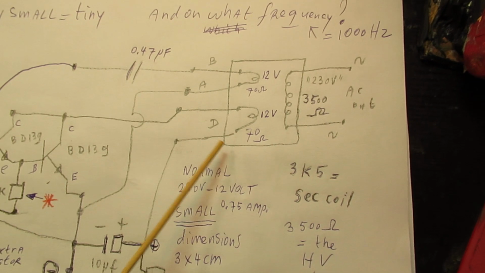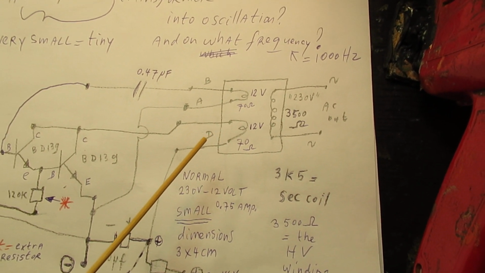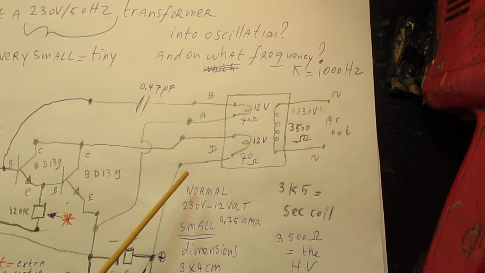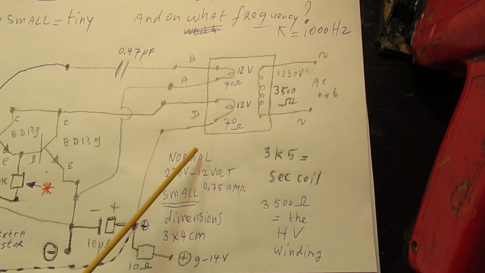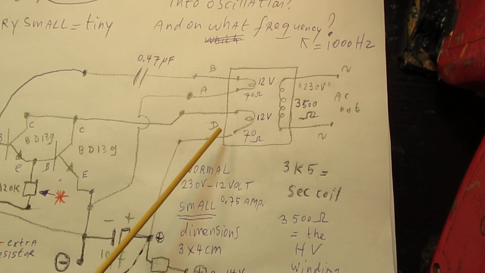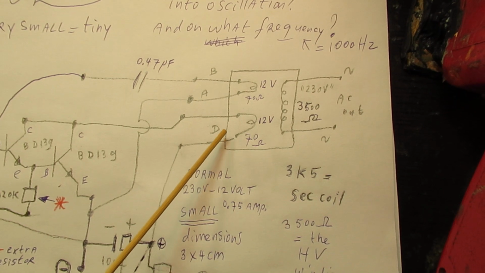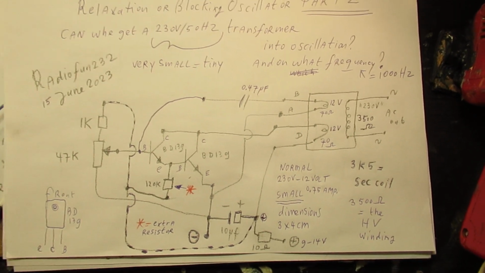So such a normal transformer for 230 volts at 50 Hertz can be used as a high voltage transformer when you reverse the winding and send into the primary windings a substantial amount of voltage and current. And that's done here.